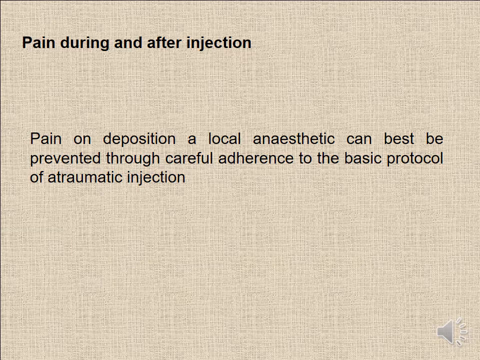The pain during and after injection. Pain on deposition of local anesthetic can best be prevented through careful adherence to the basic protocol of atraumatic injection. حقيقة إذا كانت الneedle not sharp that leads to tearing a wide area and severe pain.